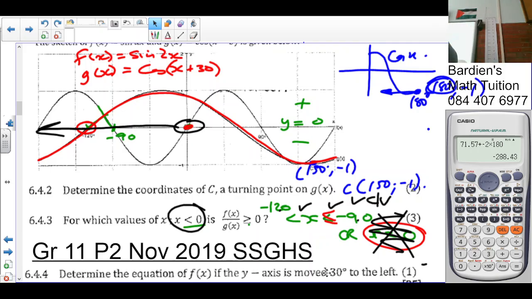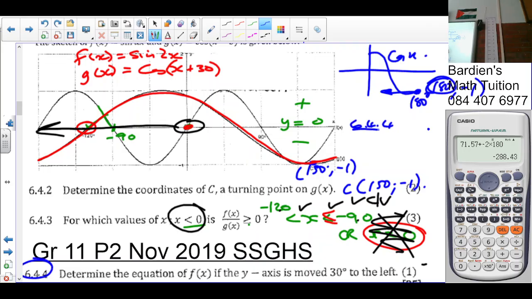So in other words, 6.4.4's answer is going to be y equals sine of 2x plus 30. You sure it's plus?